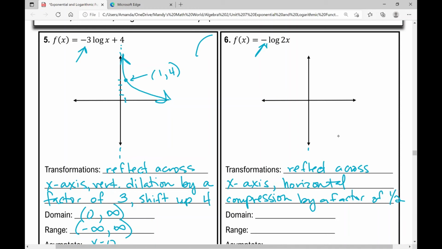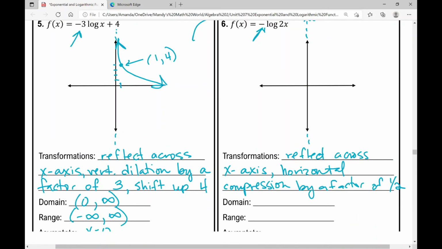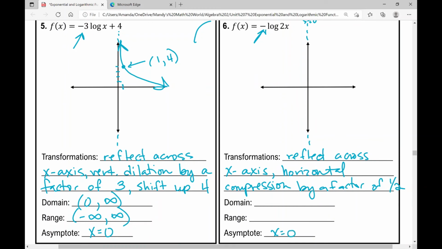We are not, so the asymptote is still going to be at x equals 0. I'm going to write that down here: x equals 0. And I know that that key point is always at 1, 0. It's just 1 unit to the right of our origin. It's at 1, 0.